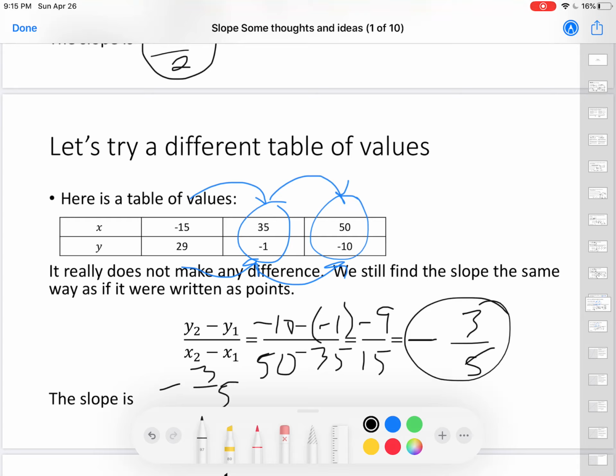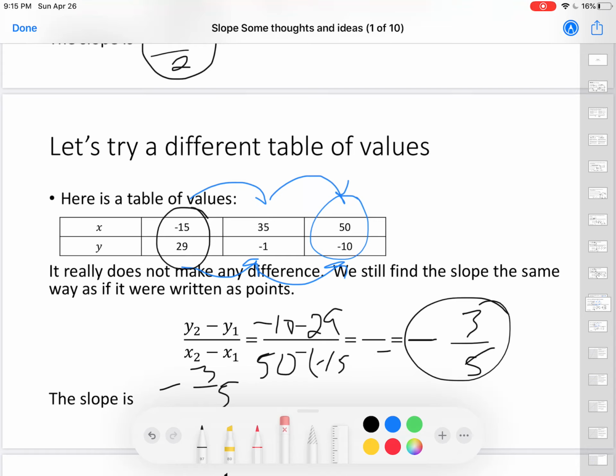And it doesn't matter which point I use. I could even erase the 1 and the negative 1 and the 35. Let's use instead this point. So negative 10 minus 29. 50 minus negative 15.